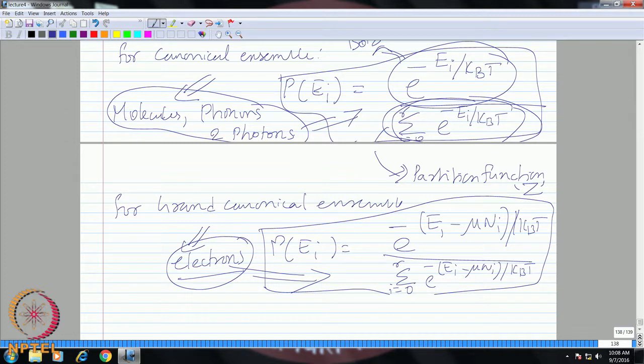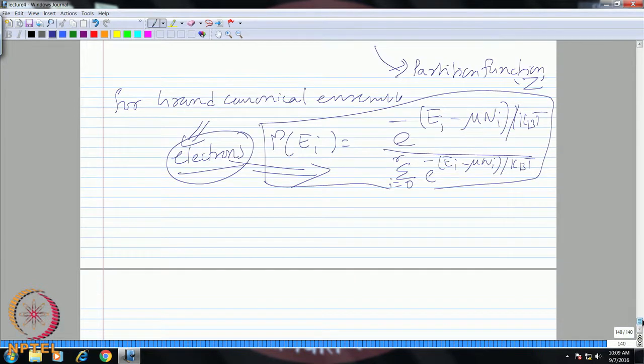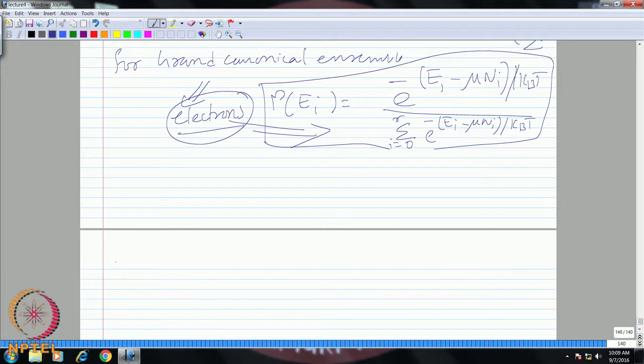Depending on whether you are dealing with molecules or phonons or photons, the appropriate values of energies have to be substituted. So, we have to evaluate the partition function in the denominator and then come to the distribution function. Okay. So, today we will start with applying this first to molecules. Let us first start with molecules, which are more familiar.